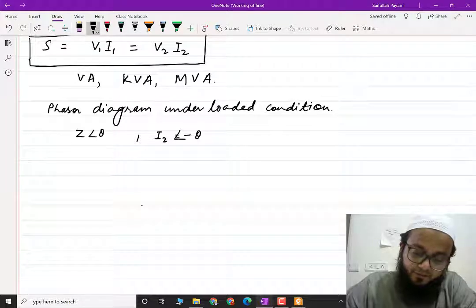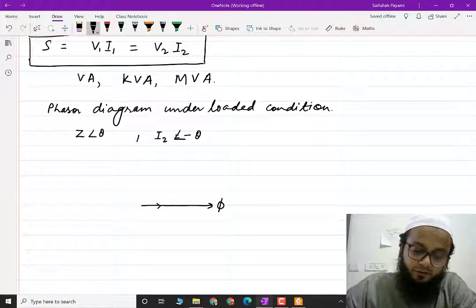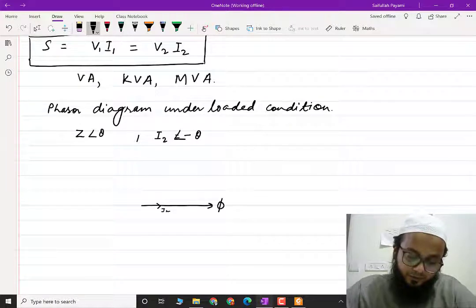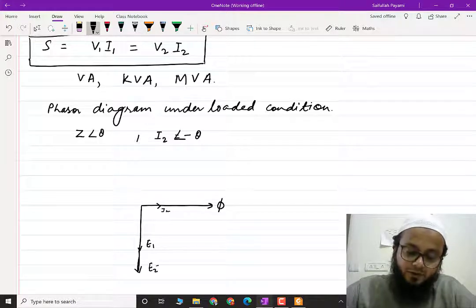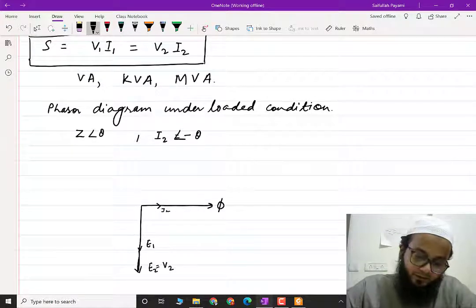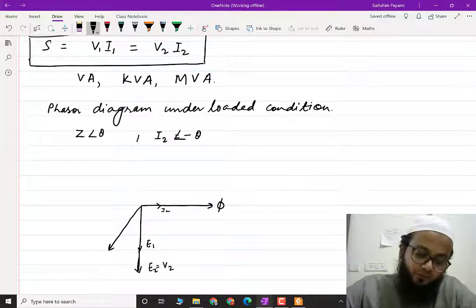So if phi is the flux here, almost zero, or the magnetizing current Im would be here, almost zero. So E1 was here, and let's say E2 was here. So E2 is equal to V2. So I2 would be lagging V2 by an angle of theta here.